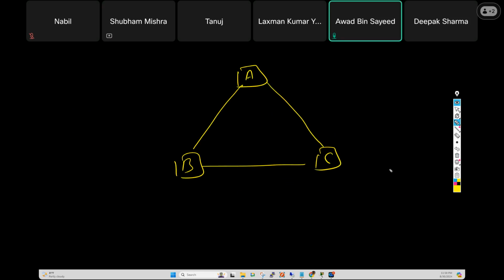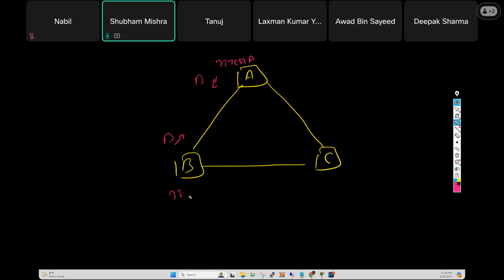Okay, I will discuss the 4-switch case also. A sends the BPDU, B sends the BPDU. What is the bridge ID? 32768 plus A, 32768 plus B, and 32768 plus C. Everyone, do you understand now?